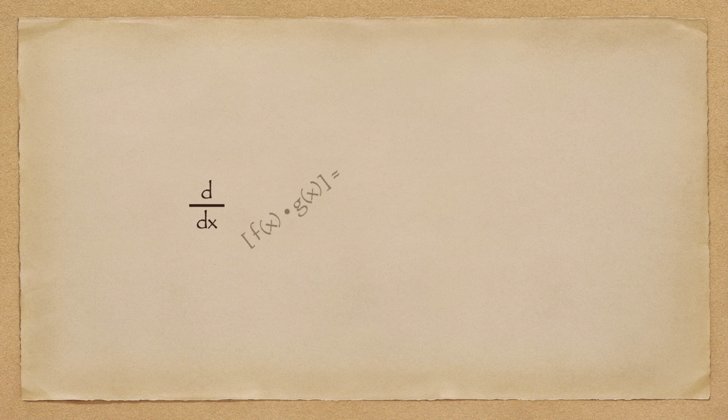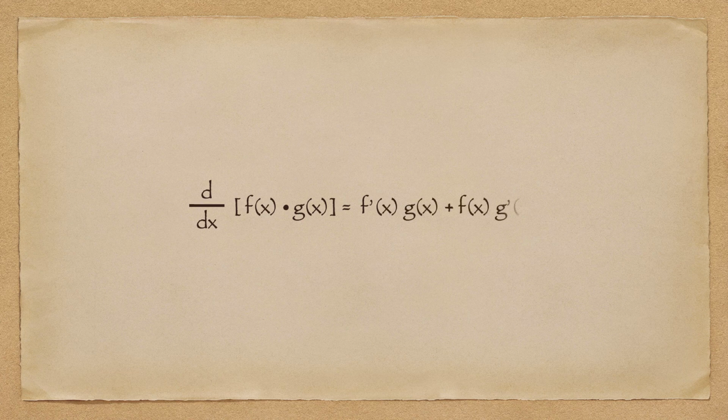If you multiply two functions together, let's say f of x times g of x, and then you take the derivative of that, this is going to be equal to f prime of x times g of x, no prime, plus f of x, no prime, times g prime of x. Now you might be wondering where this comes from, so today I'm going to prove it to you.